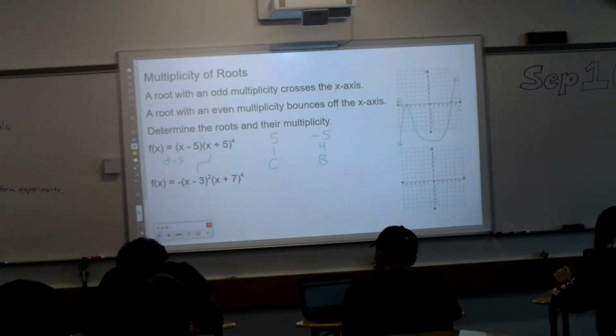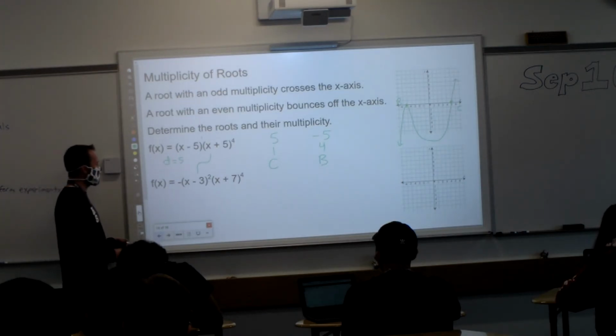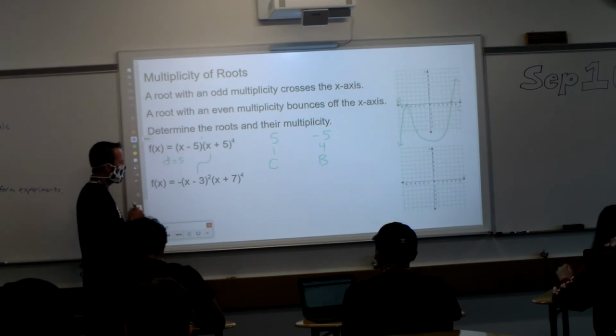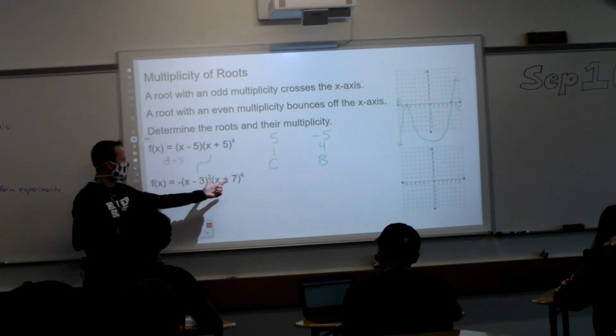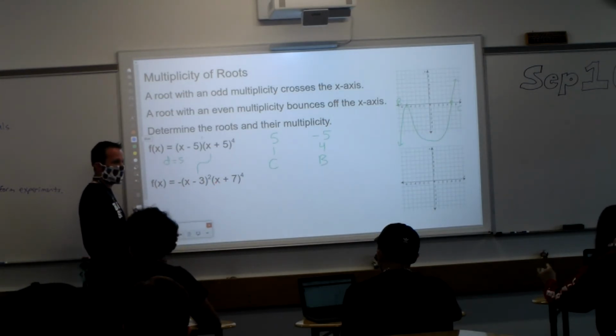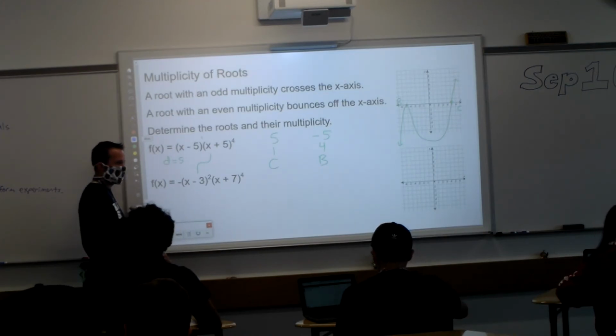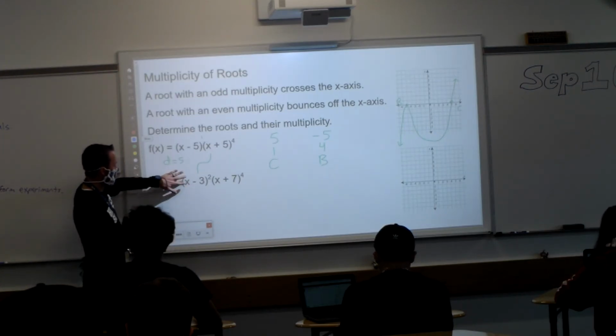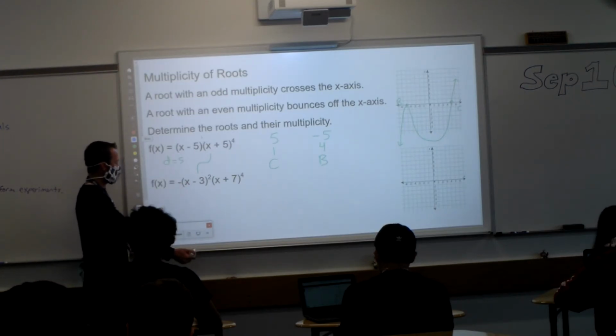Alright, Nelly, help me out on this one. So what will be my x-intercepts? What will turn this to 0? What will turn that to 0? So what value of x? Yeah, so what number could I plug in that if I subtract 3 from it is 0?